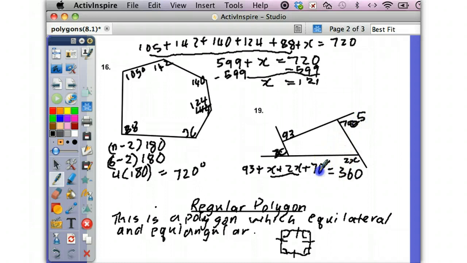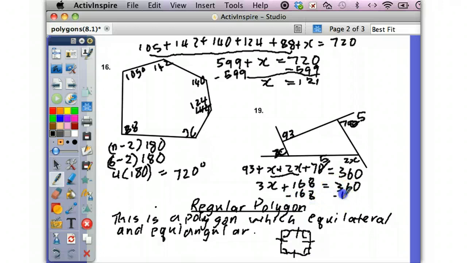So here we go. We have 3 x's over here. 93 plus 75 would be 168. That's going to be equal to 360. I'm going to subtract the 168 from both sides. You guys should be finishing this up.